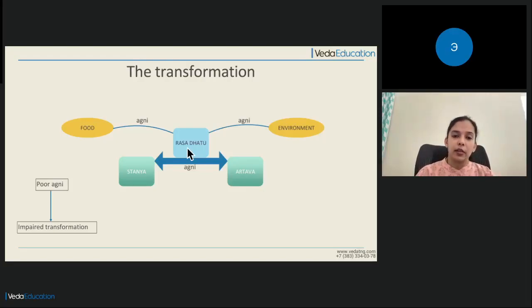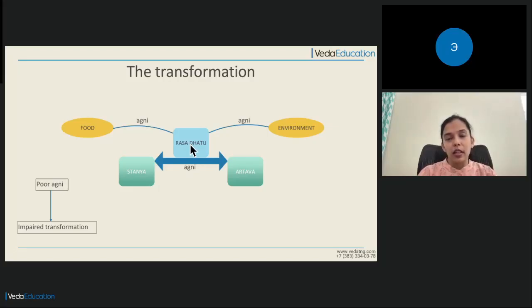And here, let me bring your focus to what happens with Rasadhatu. So Rasadhatu is the first of the dhatus, or the tissues, if you can say it loosely so. When the food gets transformed in the body, the first thing that gets developed or processed is Rasadhatu.